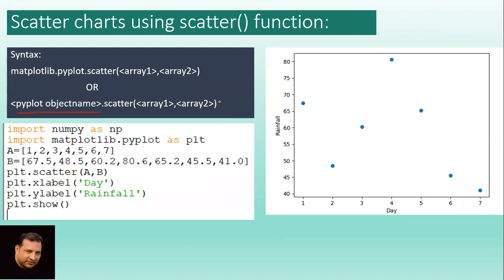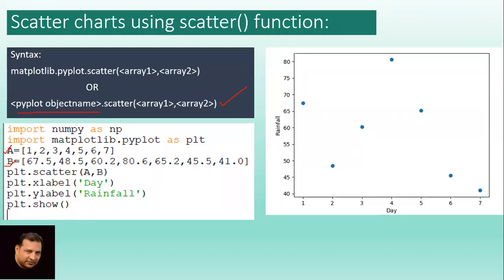So most of the time we will use second type of syntax. See, I have taken some numbers. A is equal to 1, 2, 3, 4, 5, 6, 7. B is equal to some random floating point numbers. plt.scatter(a, b).